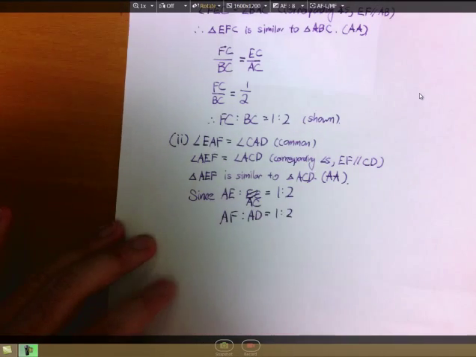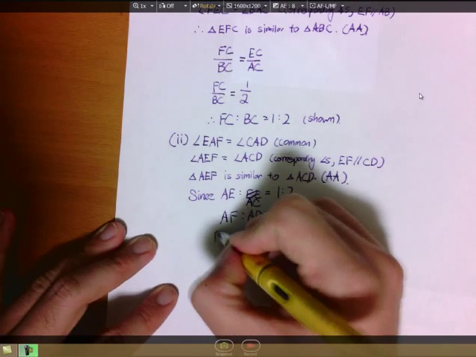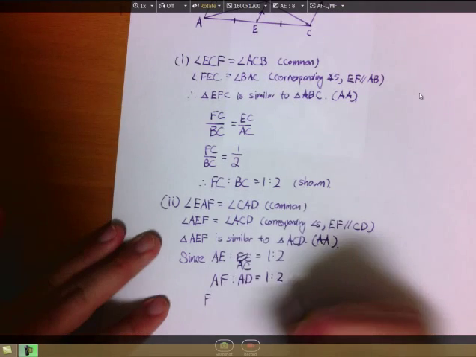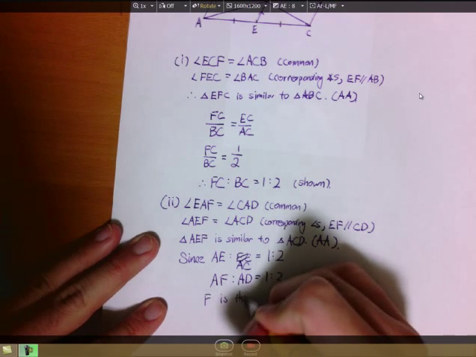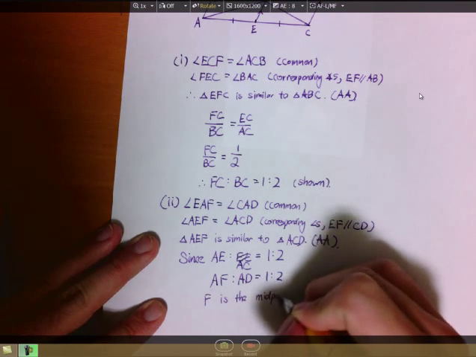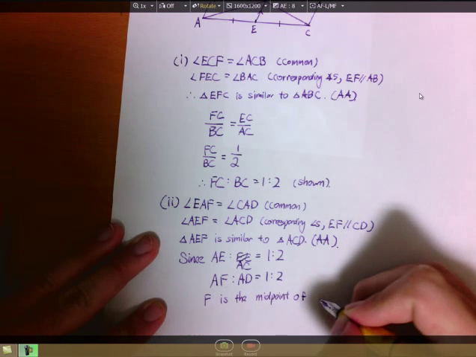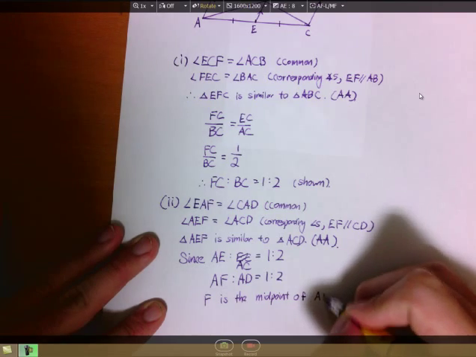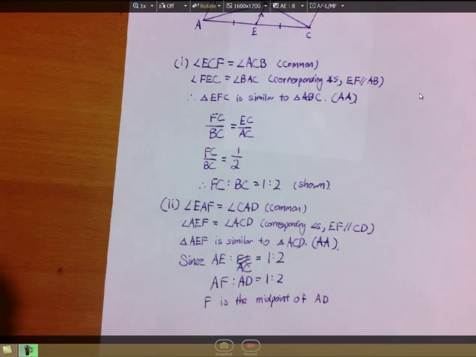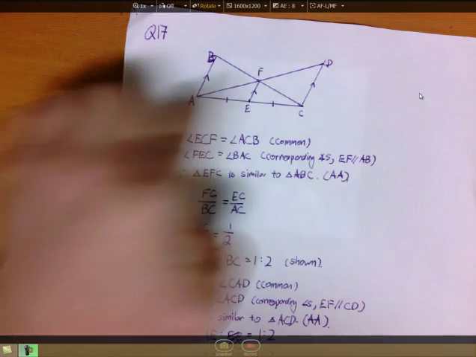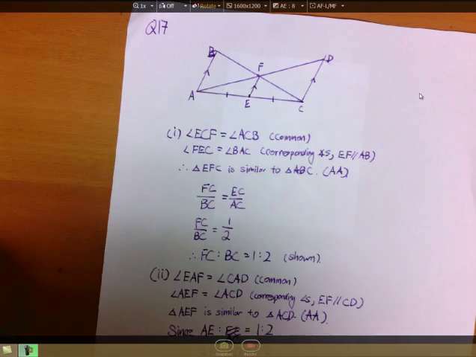Then I can conclude that since AF is to AD is 1:2, F is the midpoint of AD.